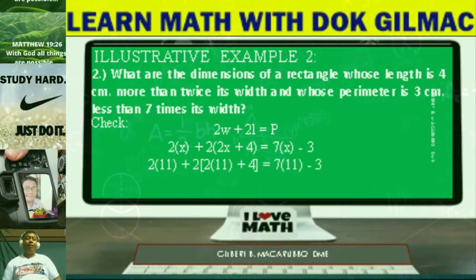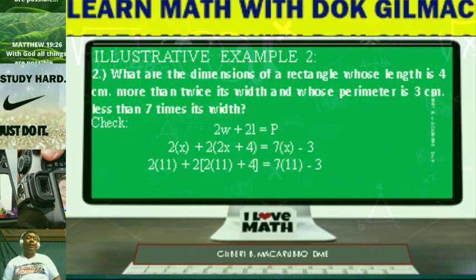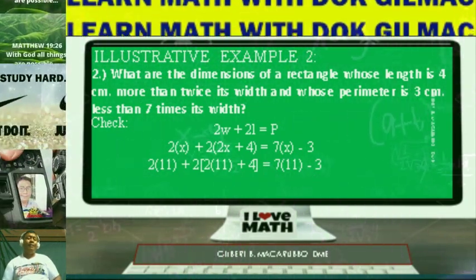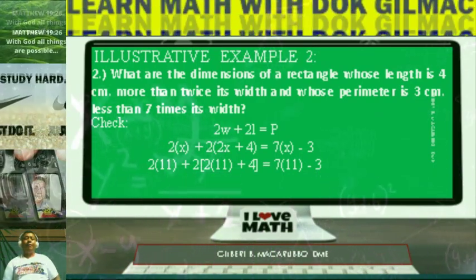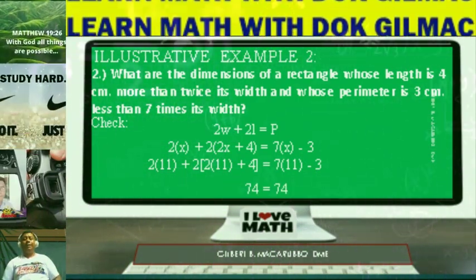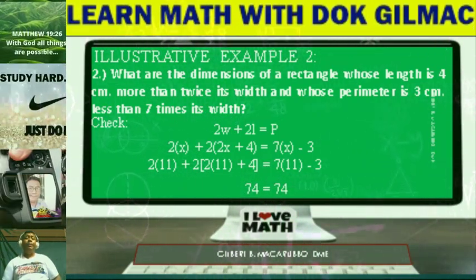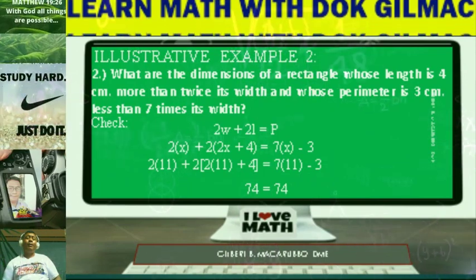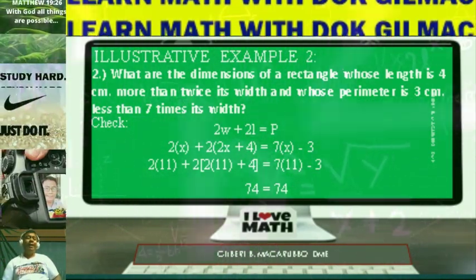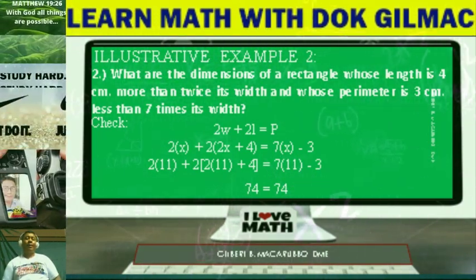So we have 2 times 11 plus 2 times the quantity 2 times 11 plus 4 is equal to 7 times 11 minus 3. From here, 74 is just equal to 74. As you can see, the left side of the equation is equal to the right side of the equation. So we are 100% sure that our answer is correct.